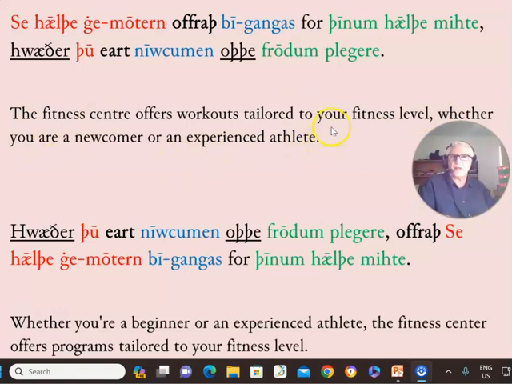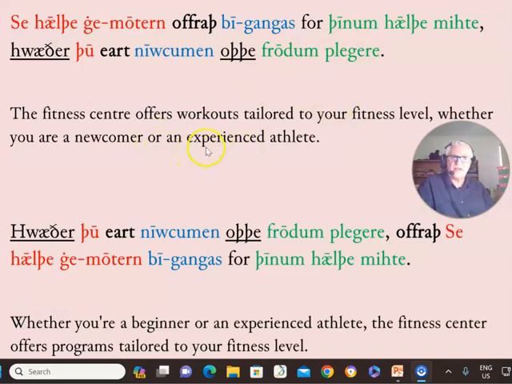So you have the subject, se halthe jemotern, the fitness centre, offereth, that's plural, bigungas, right? Workouts for your fitness ability, capacity, whether you are new or an experienced athlete. Okay.